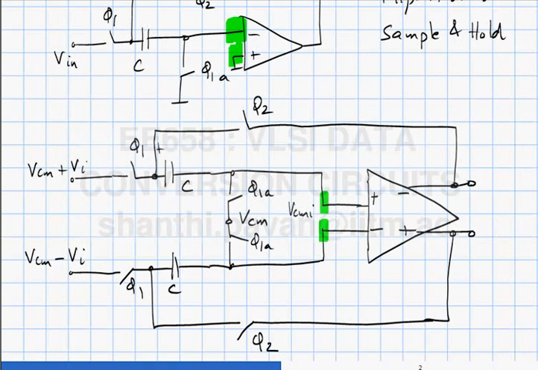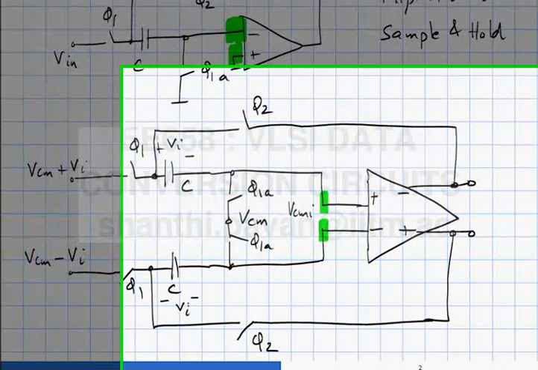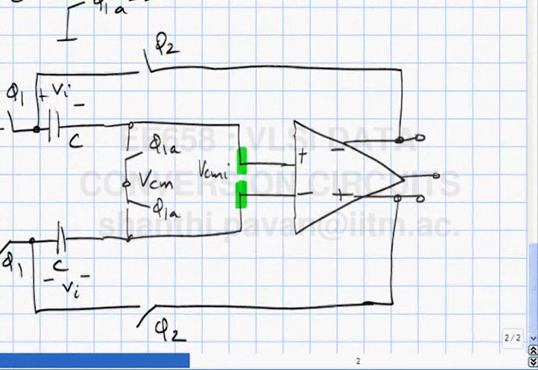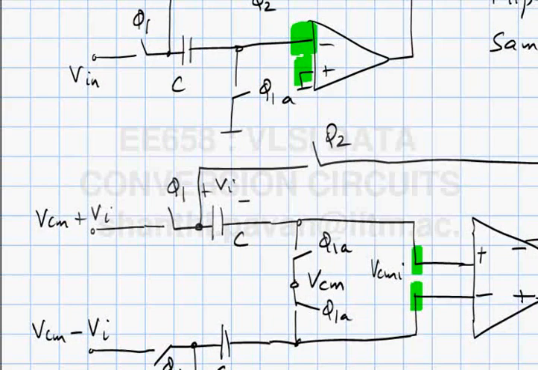What is the voltage across this capacitor? VI. What is the voltage across this capacitor? VI. And we know that the difference between the output voltages of the op amp is A times the difference between the inputs, but the absolute output voltages will be what? VCMO plus some large number times the differential input, and VCMO minus a large number times the differential input.